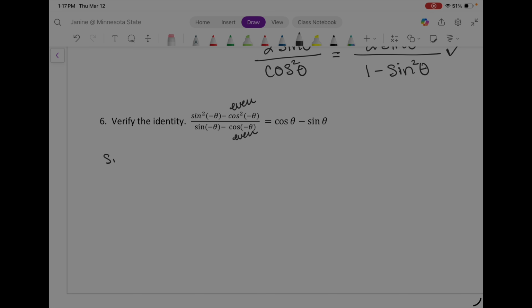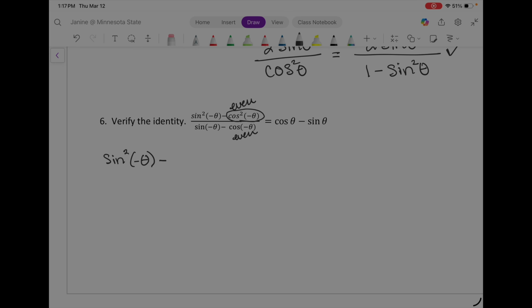I would get sine squared of negative theta, and then cosine is even, so it'll still be a plus sign when I simplify this.